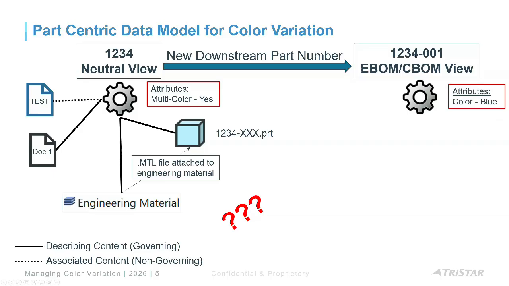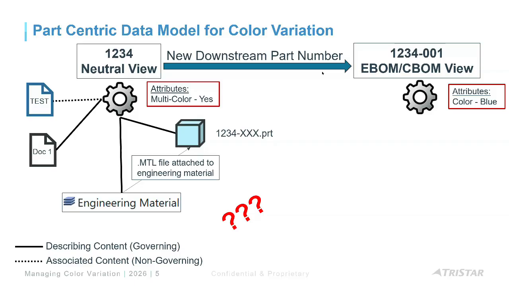And a lot of times that downstream view will be a new part number with a suffix, typically for different variations of it, like a -001, 002, 003, and so on. And that is using the view stream in Windchill.